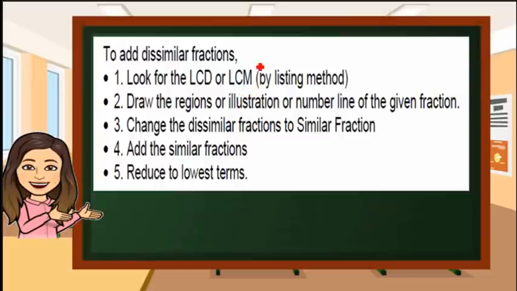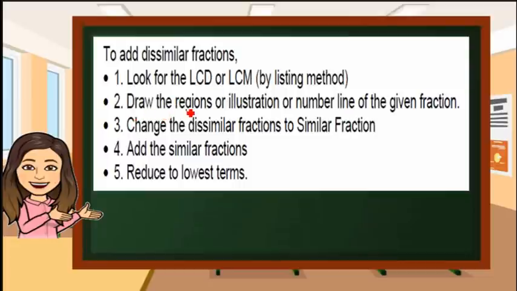Last time you also learned about LCM, right? But because we are dealing with fractions, we will use the term LCD, or the least common denominator, the lowest common denominator of the given fractions.